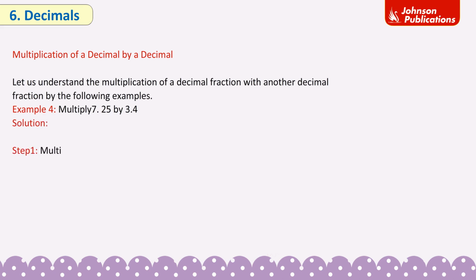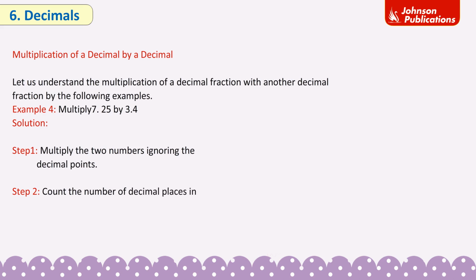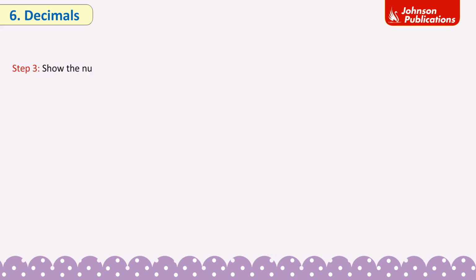Step 1. Multiply the two numbers ignoring the decimal points. Step 2. Count the number of decimal places in both the factors and add them. Step 3. Show the number of places in the product.